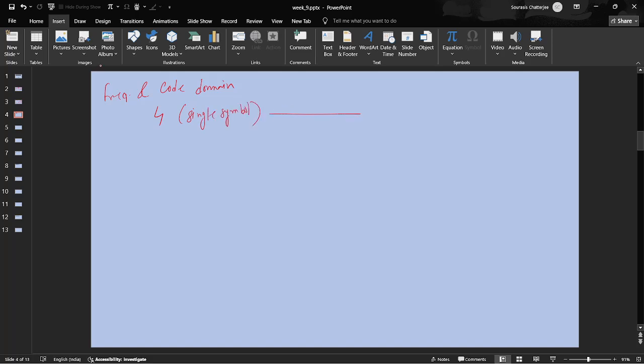Now for double symbol I have 8 such orthogonal reference signals. So apart from frequency and code domain, is there any other domain in play? It will be time. So you can generate orthogonality across the time domain, which basically refers to symbols.